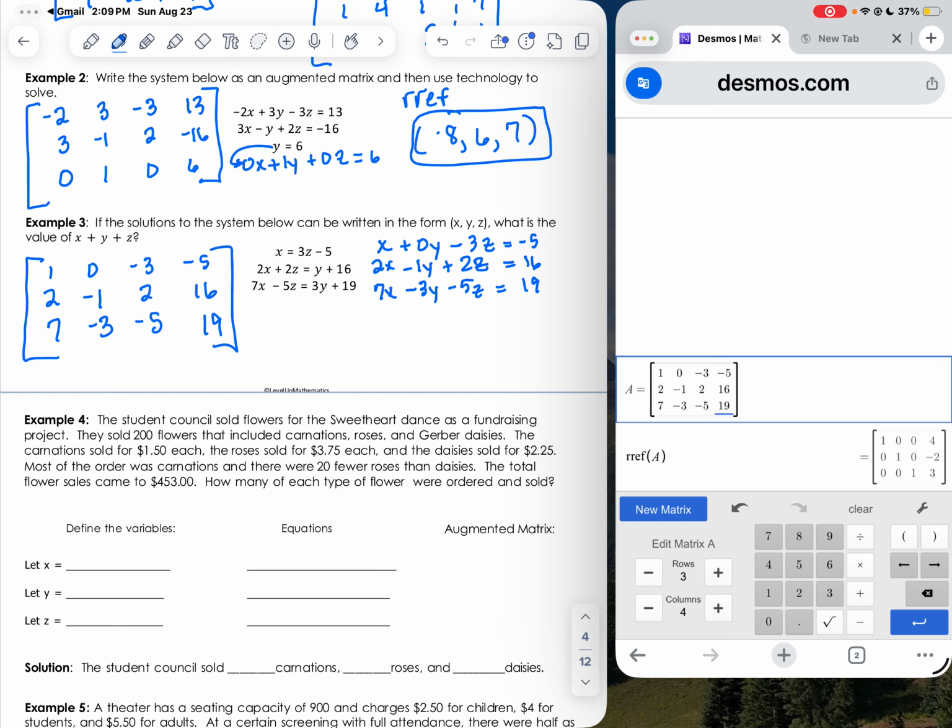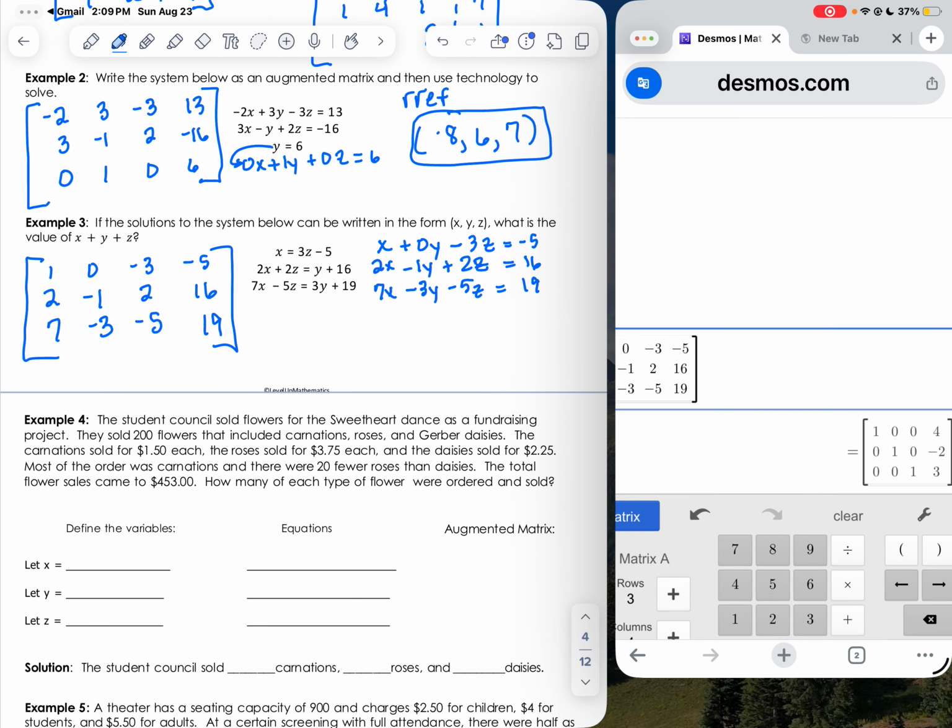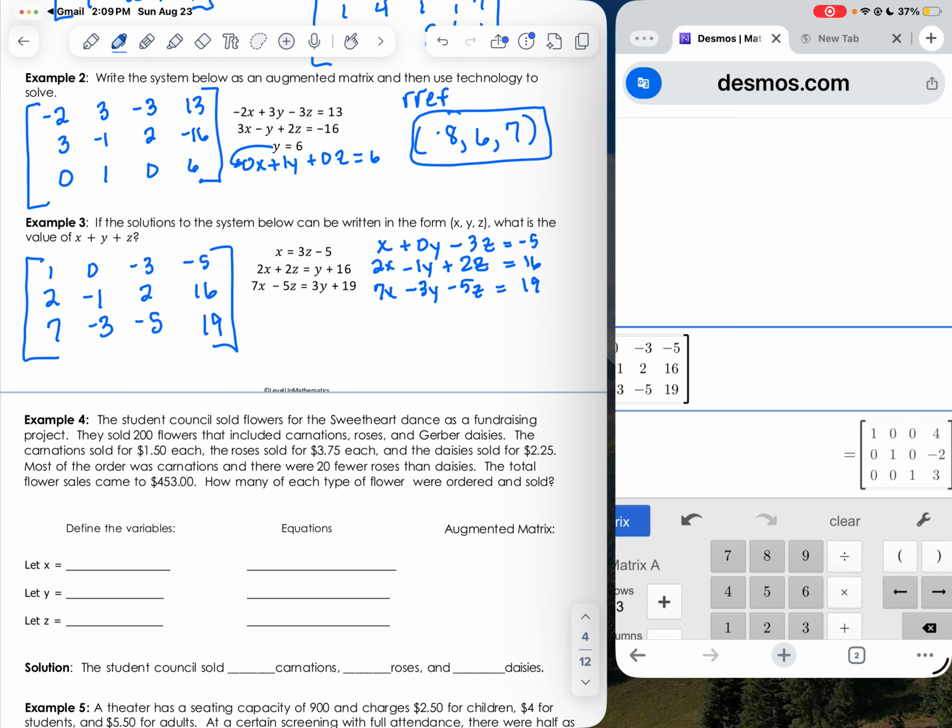All right, so my solution for this matrix is 4, -2, and 3.